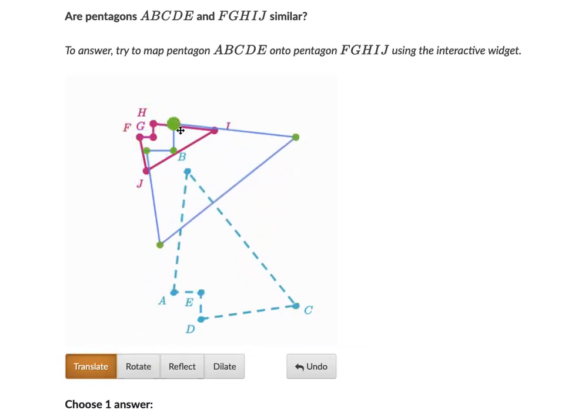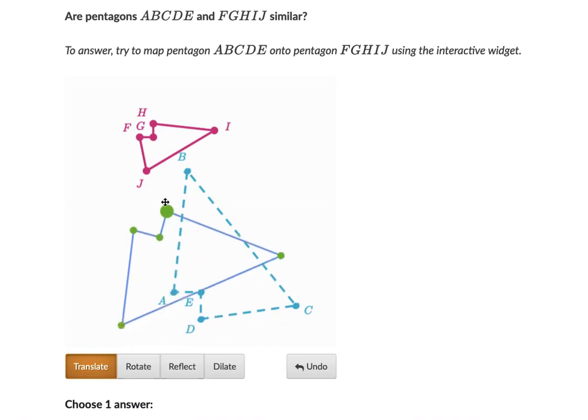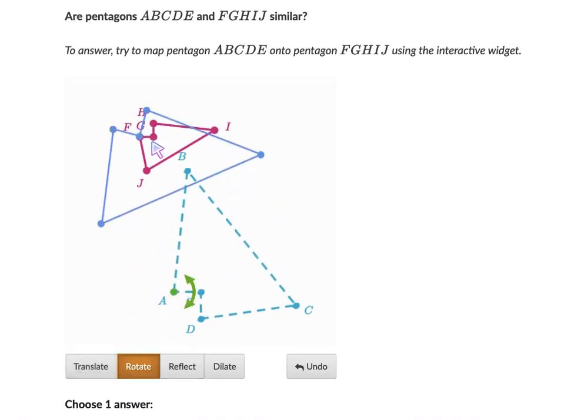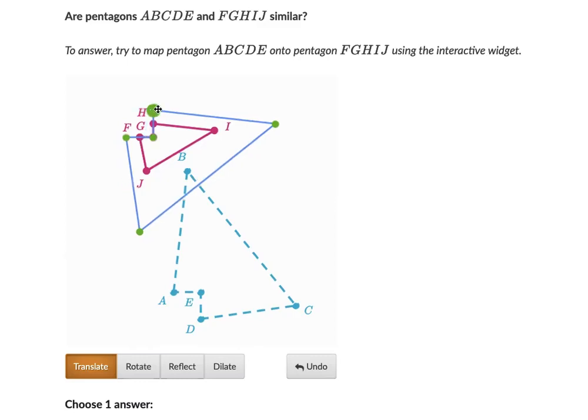Maybe we had to rotate it a little bit more. It's not really matching up there. So that kind of gives you a hint that maybe it's not similar. Let's do some translating. Ah, there we go.